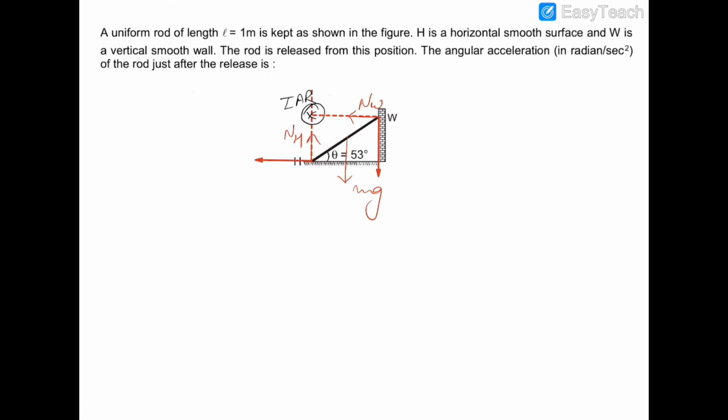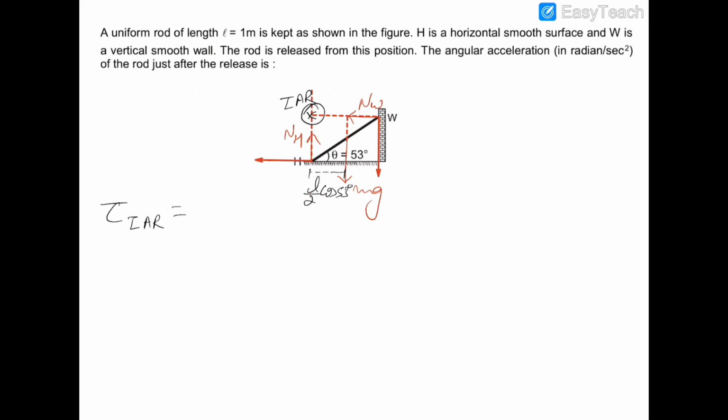Now you can see that the torque about IAR would only be due to mg, because NW and NH themselves pass through IAR, therefore their torque would be 0. The torque of mg would be calculated by this perpendicular distance, so this is L by 2 cos 53.